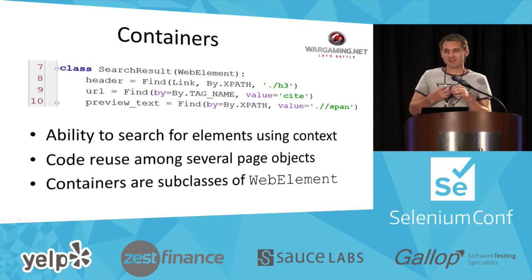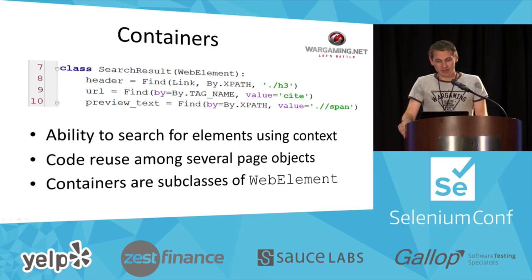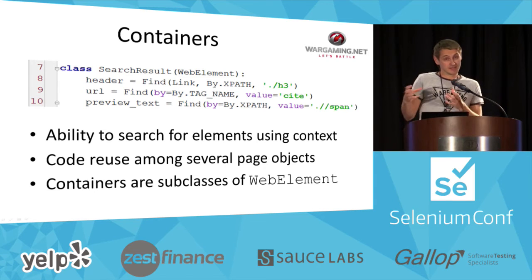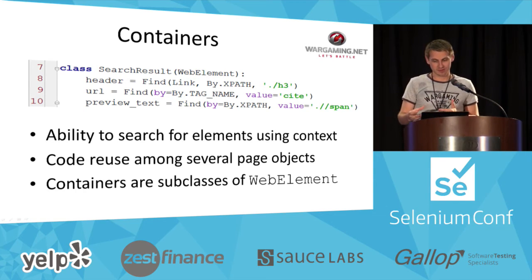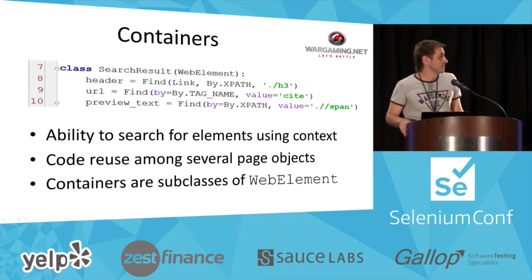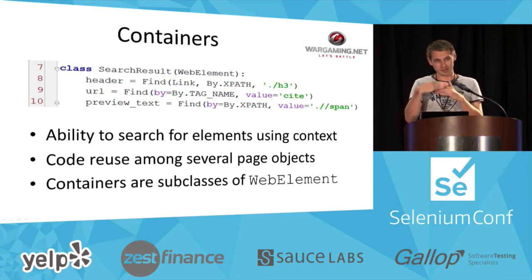In Webium, container classes are subclasses of web element also. And nested elements are defined in the same way as is done for page objects. We use find statement again. However, locators are specified according to search context.